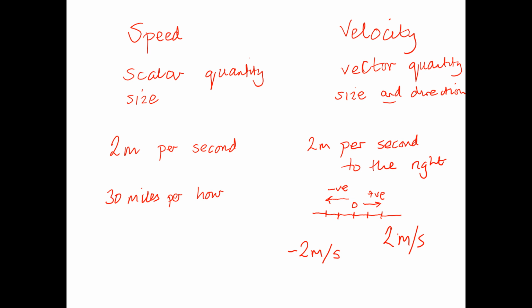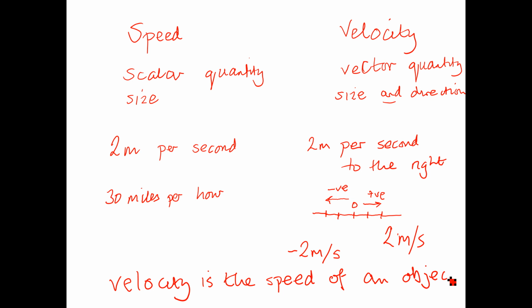Now, weirdly, this is the same as 2 meters per second speed, because we're moving at 2 meters per second. This doesn't need the direction. The speed does not need direction. But anyway, velocity is the speed of an object in a particular direction.